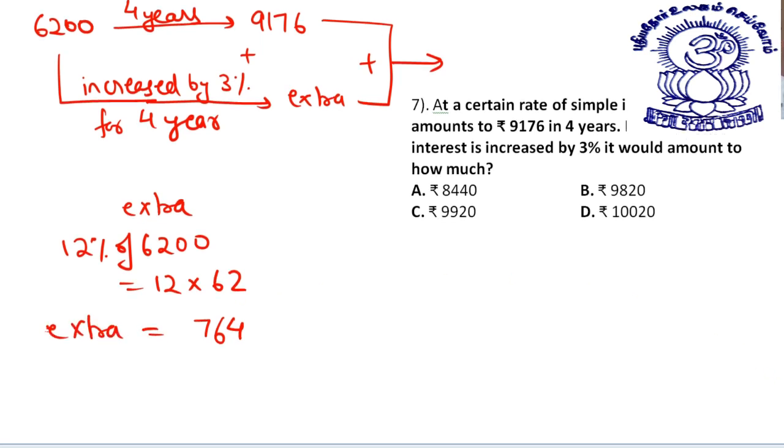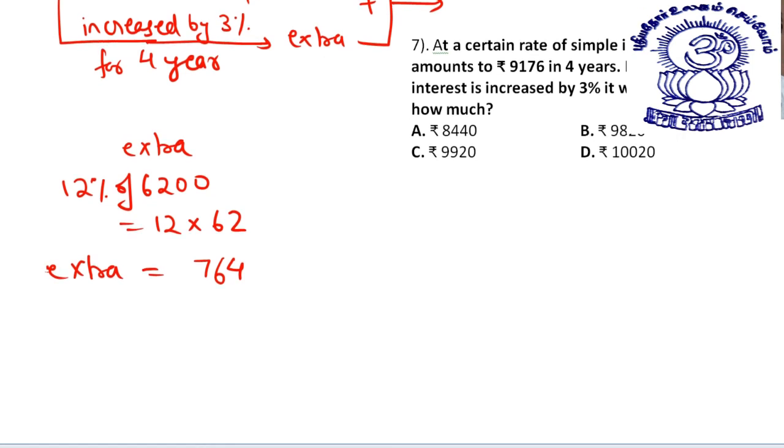Okay. Now if this is extra, then what do we need to get? It would amount to how much? So total becomes, earlier it was 9176 plus 744.